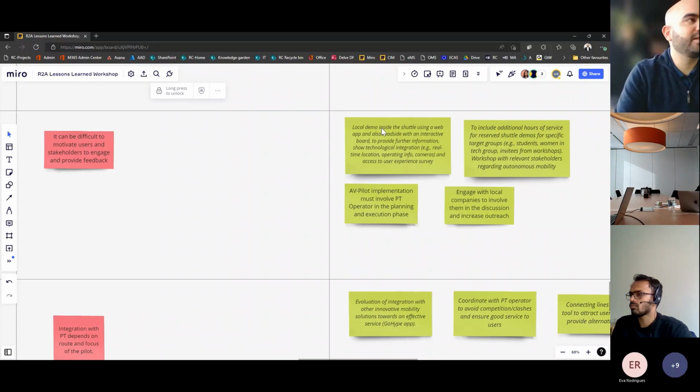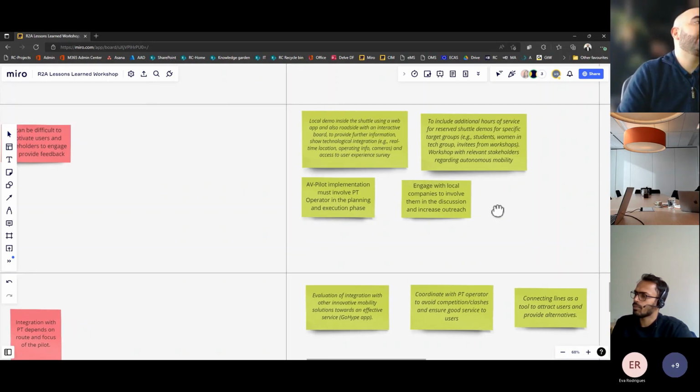The topic of additional workshops or additional reserved guided sessions with specific target groups. So some partners have had specific sessions with students, for example, or other target groups in relation to activities that are taking place in the city.